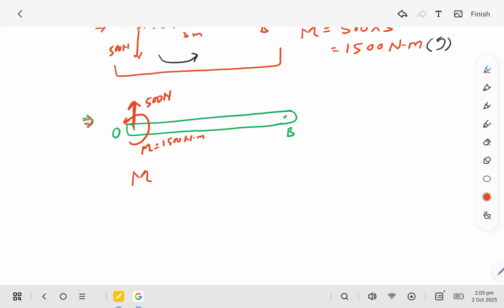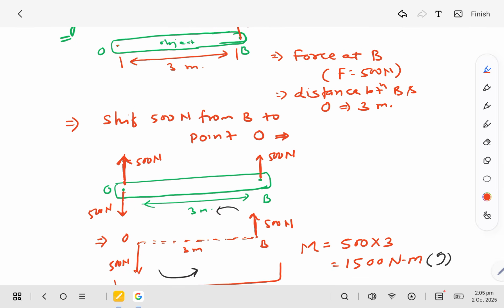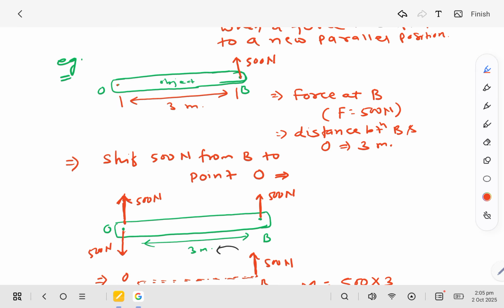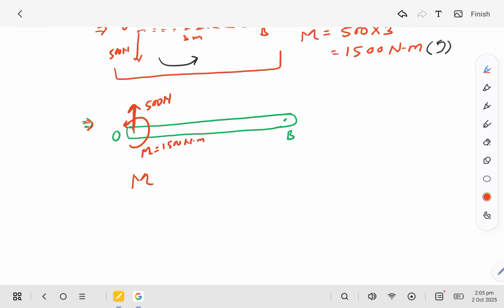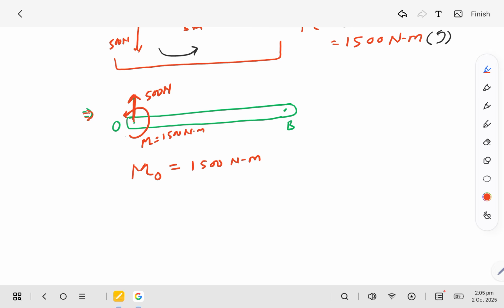The moment of this force, which was acting at point B, about O, MO, is nothing but 1500 Newton meter, and the tendency of this force is to rotate the body anti-clockwise.